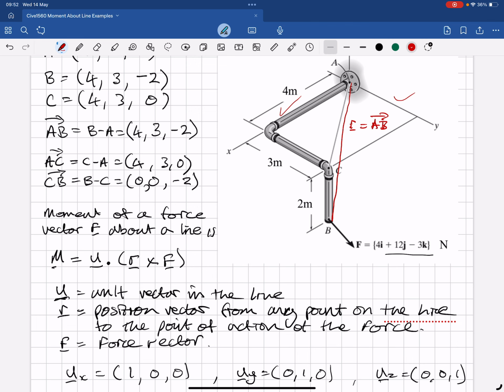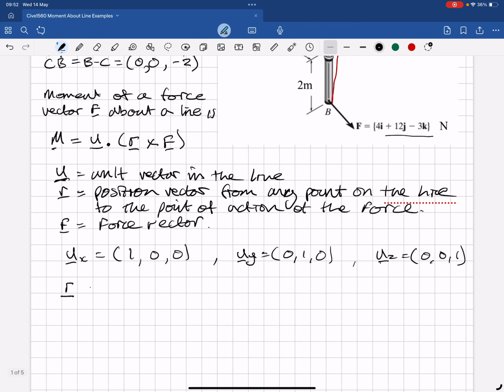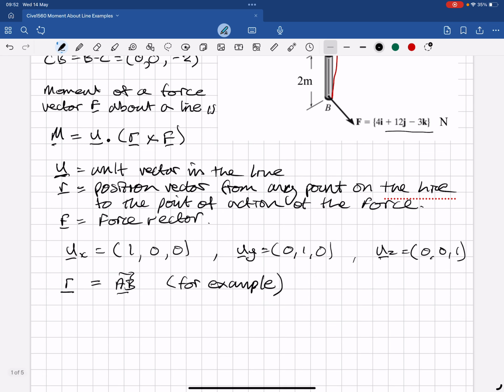Okay, so R is equal to AB. And I'm going to write it for example, because it could be many other vectors, but AB is the most convenient.